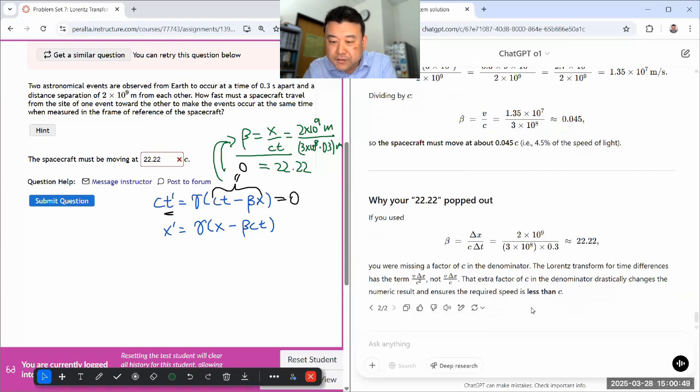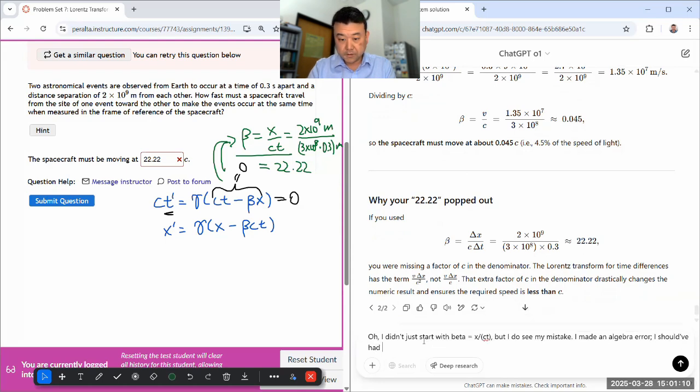Yeah, that's not the reason, but oh, it didn't just start with a beta. I do see my mistake. I made an algebra error. I should have beta equal to ct over x.